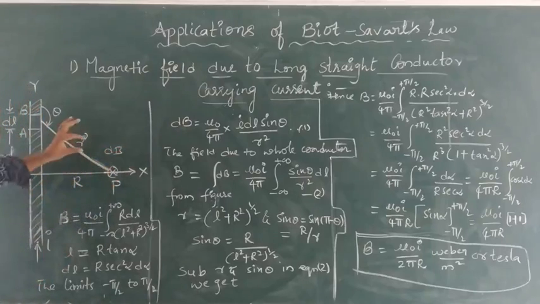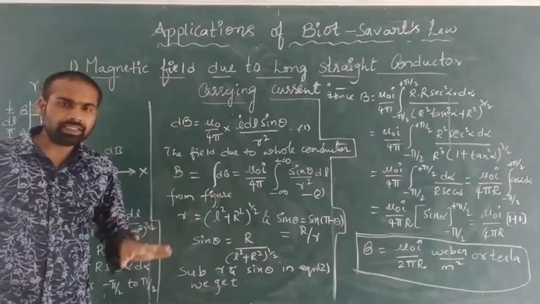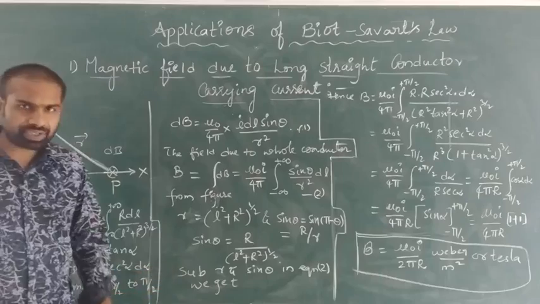First we will find it for a small element AB, then apply the limits to get the field due to the entire conductor.